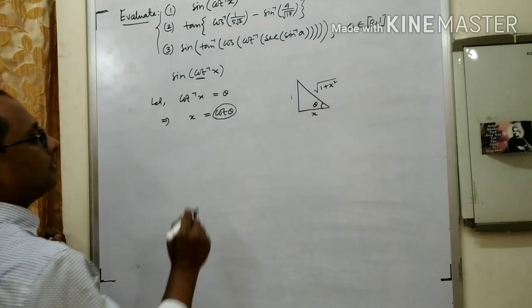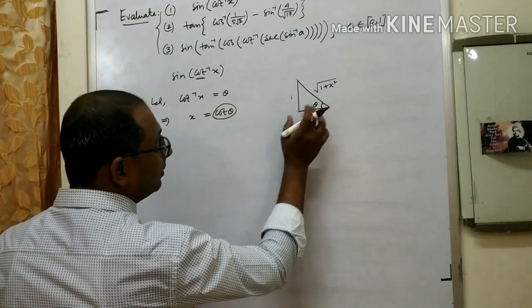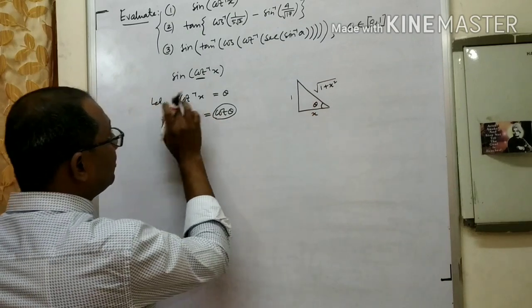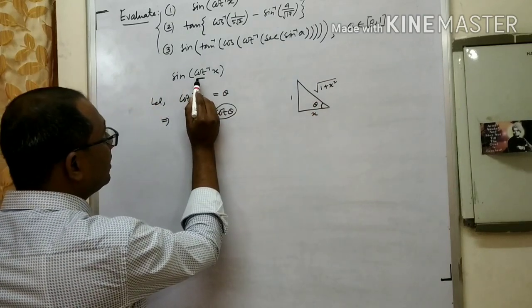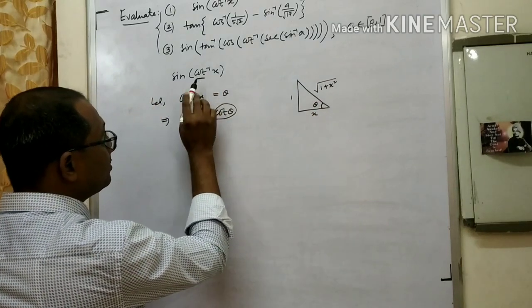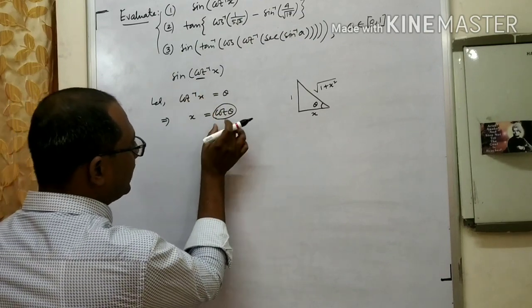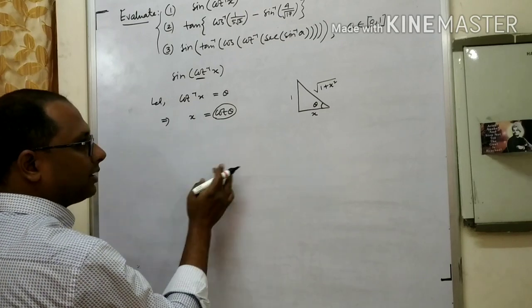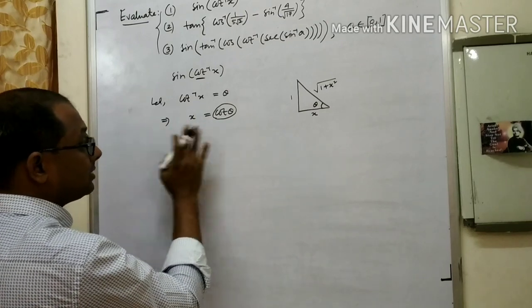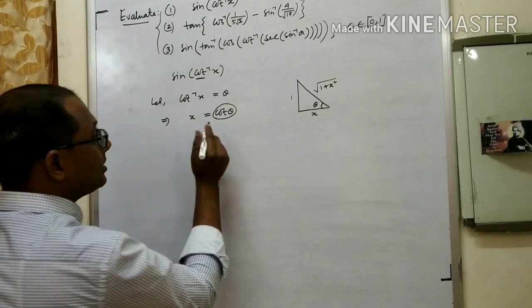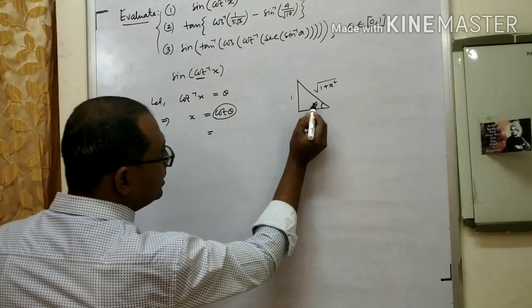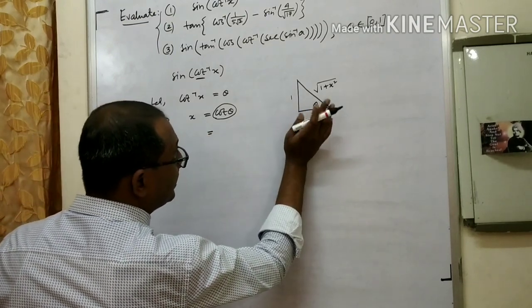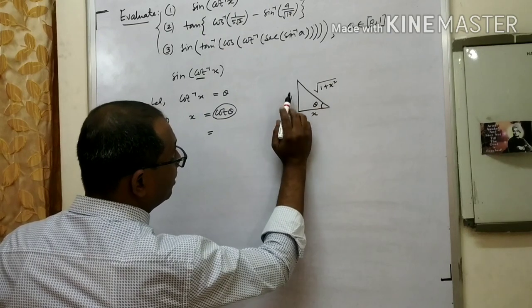Okay, so now from here I'll find out the desired one. Cot inverse I'm looking for changing into sine inverse. So if I get here sine theta, then I can take the inverse function, sine inverse of x, that is. So from cot theta I will try to find out sine theta. Sine theta is perpendicular upon hypotenuse.